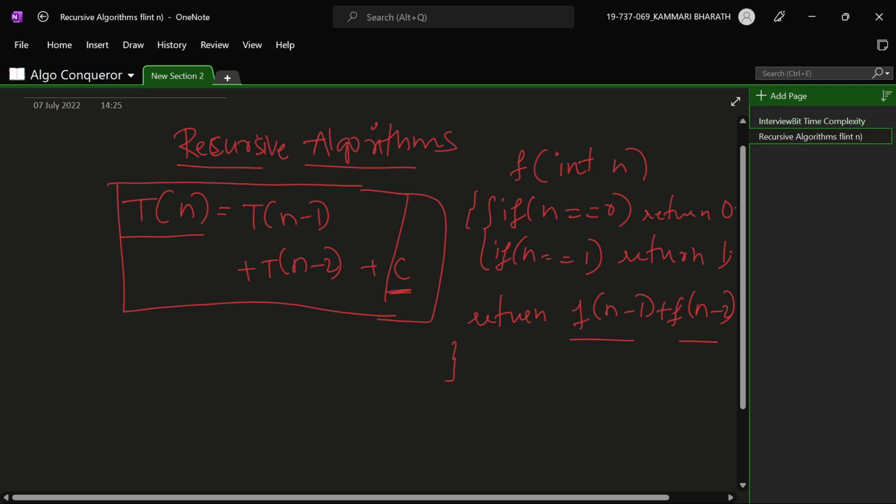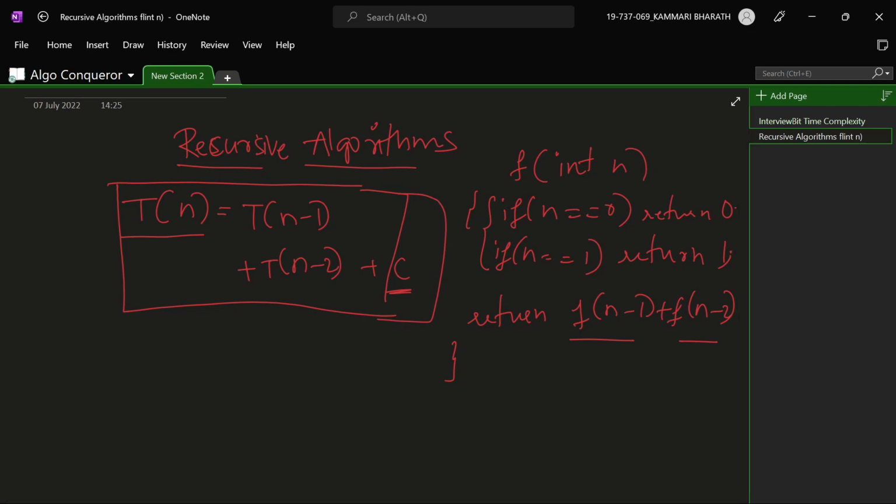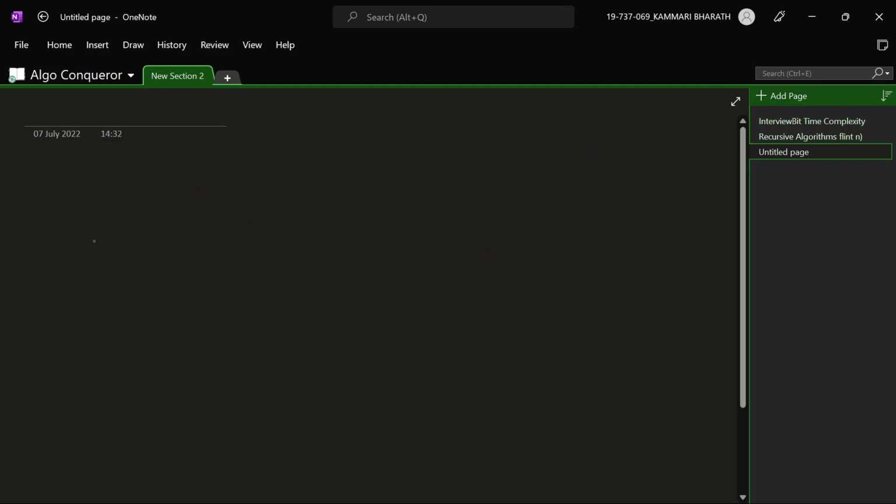Now let's have a look. You have written the recurrence relation. Now how will you get the time complexity out of it? Okay. Now let's take an example and solve a recurrence relation. Let's take T of n is equal to 2 times T of n by 2 plus c.